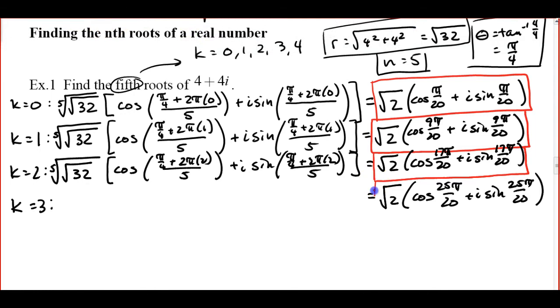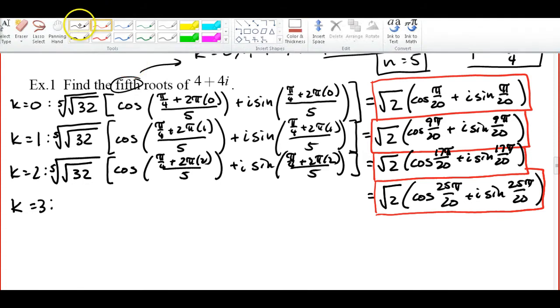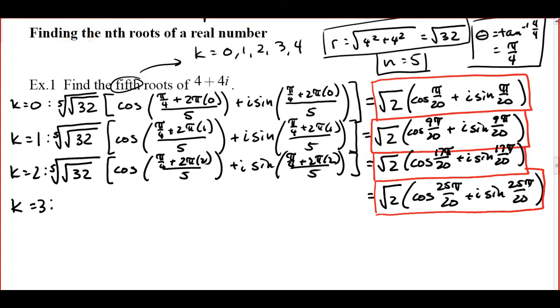So this is our fourth. And since we wanted to find the fifth root, we need one more. For k equal to 4, you should have gotten the square root of 2 times the cosine of 33 pi over 20 plus i times the sine of 33 pi over 20.